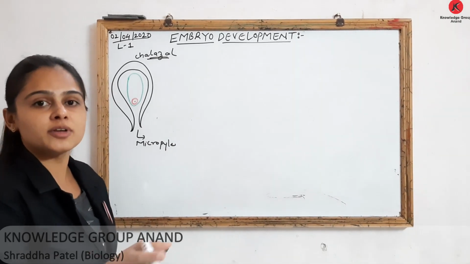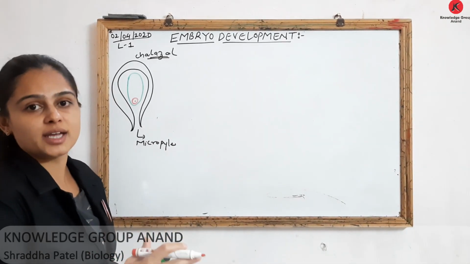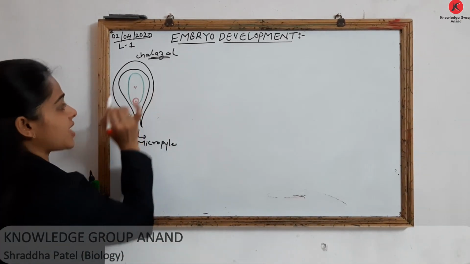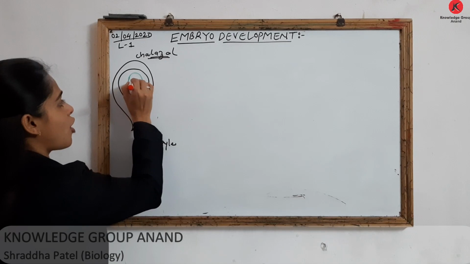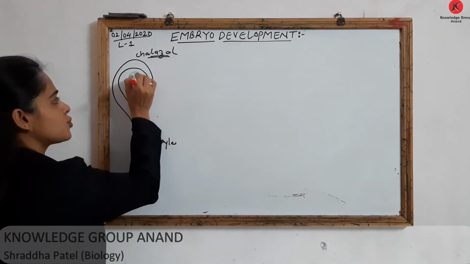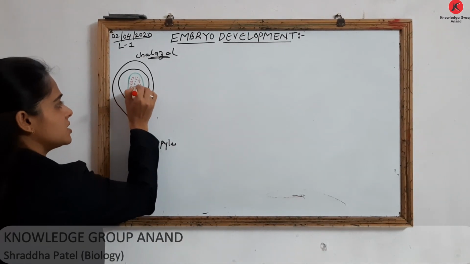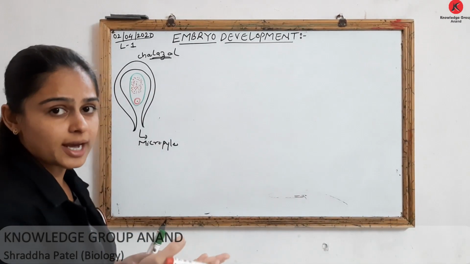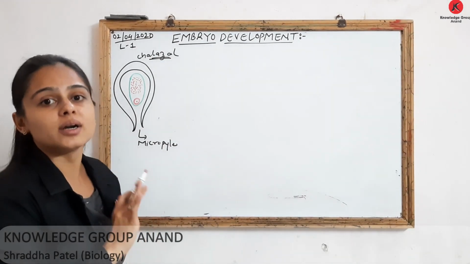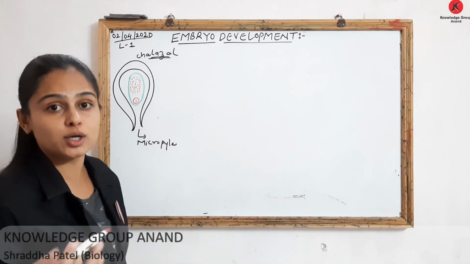Now I told you in the previous video that before the zygote divides, there occurs division of the central cell to form the endosperm tissue. By this time the antipodal cells and the two synergids are going to disintegrate; they will have degenerated.